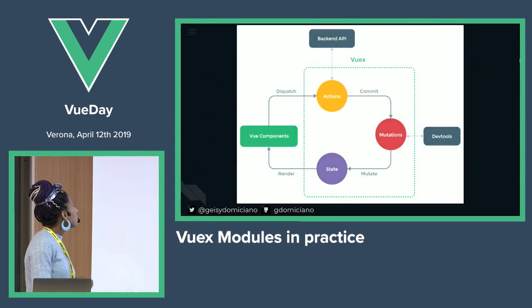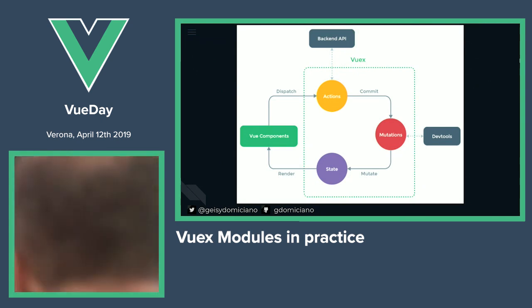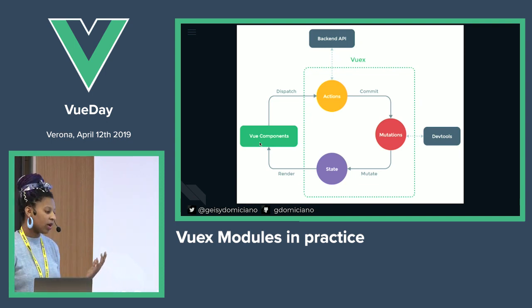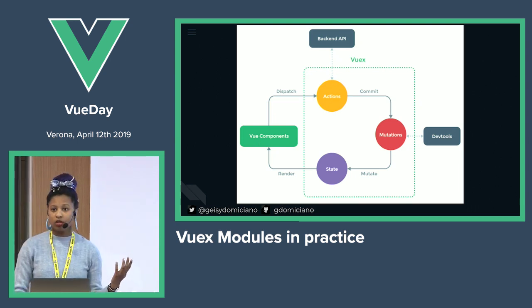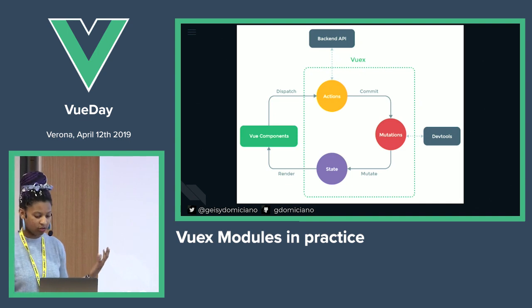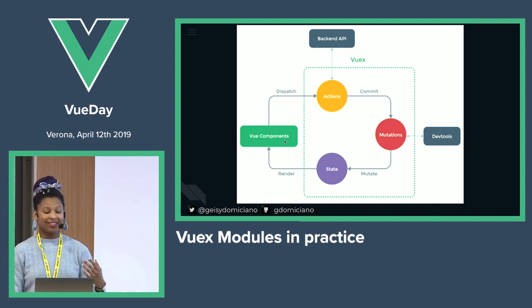This is a really nice chart that we have in the Vuex documentation. So basically here you have a Vue component, and let's imagine that you're loading your page, and the first thing you need is to show products. Well, I work for a company that sells watches, so let's talk about products. So your component needs to have a set of products.